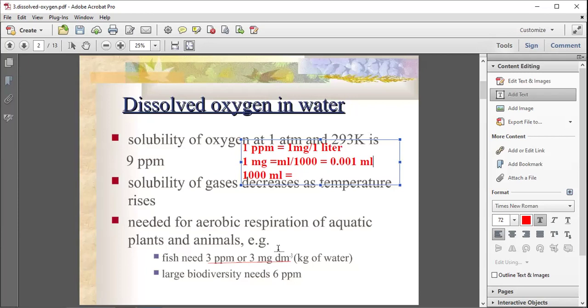Some of the disinfectant bottles also mention 3 ppm or 5 ppm. So that's the meaning. 3 ppm means 3 milligram per liter. 3 milligram means how much? 0.003 milliliter.